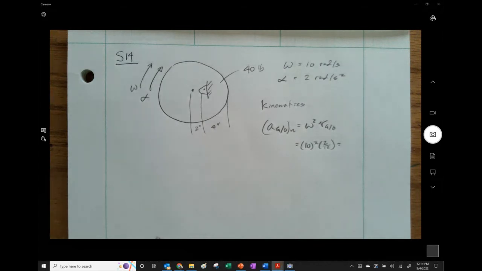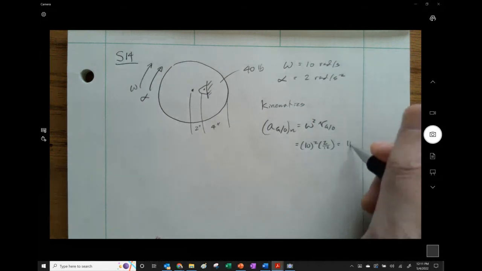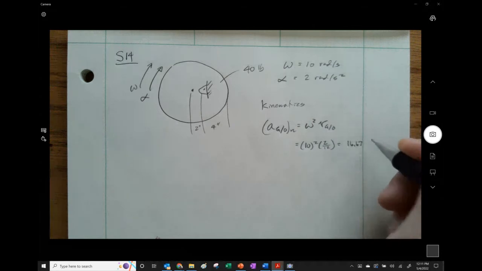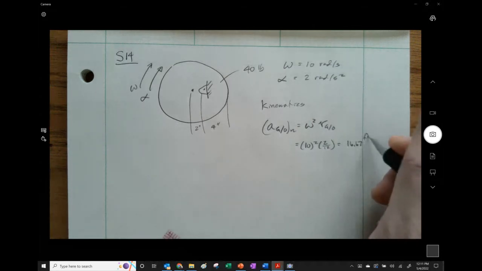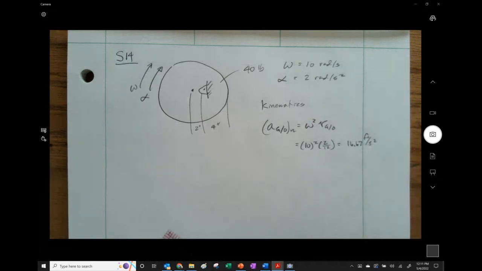She has her own way of doing things, which I think is fine, but I just wouldn't do it that way. 16.67 feet per second squared, right there, right? I didn't necessarily have to do that first, but I decided to do that first.